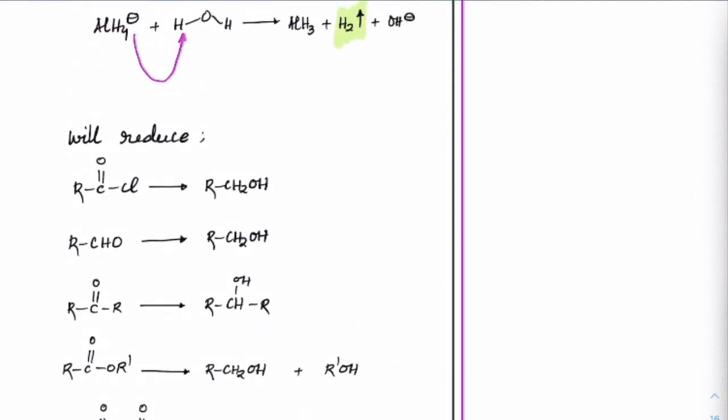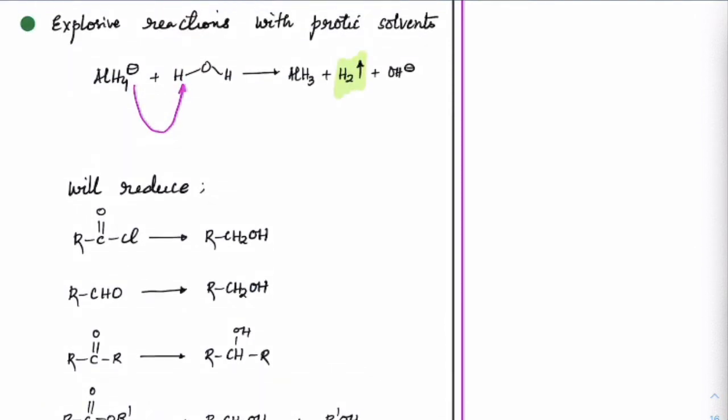See, lithium aluminum hydride will always be followed by two steps. First, lithium aluminum hydride is reacted, for instance, with RC double bond OCl. First, we react that with lithium aluminum hydride. So we will get some kind of an alkoxide here.